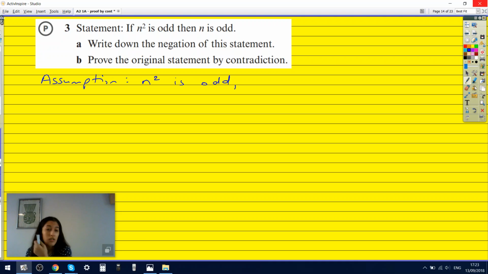Oh, I hate proof. If n squared is odd, then n is odd. So if n is even, that means n is 2n, isn't it? No, an even number is 2n. So if n is even, how could you write any even number? I'd just use something else, like 2k. n equals 2k or something, yeah.